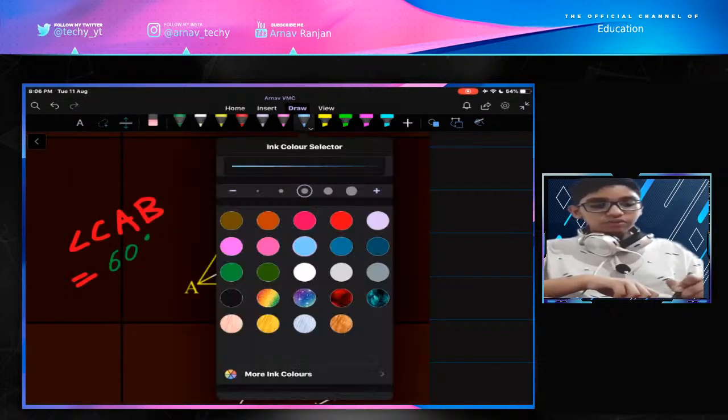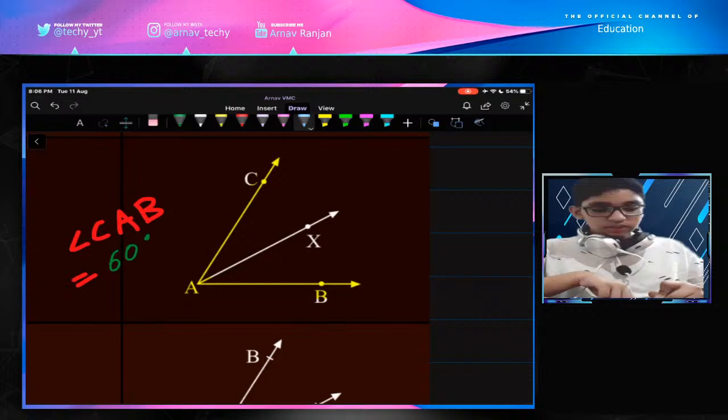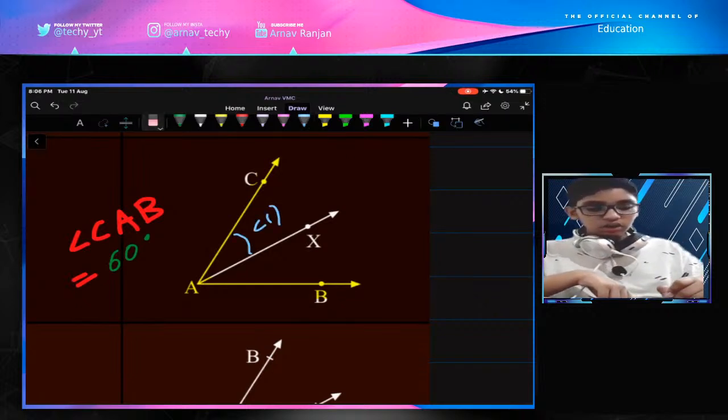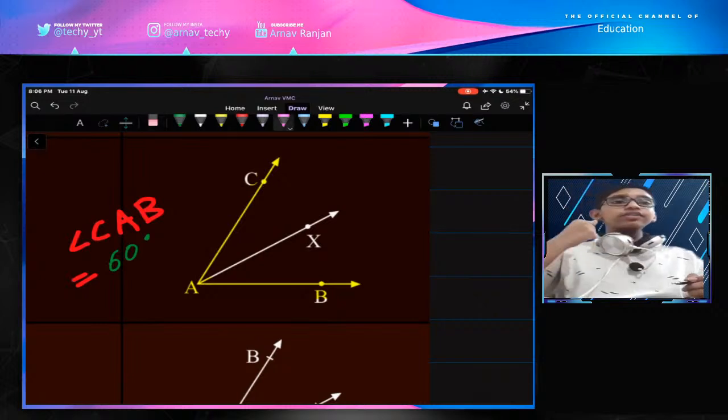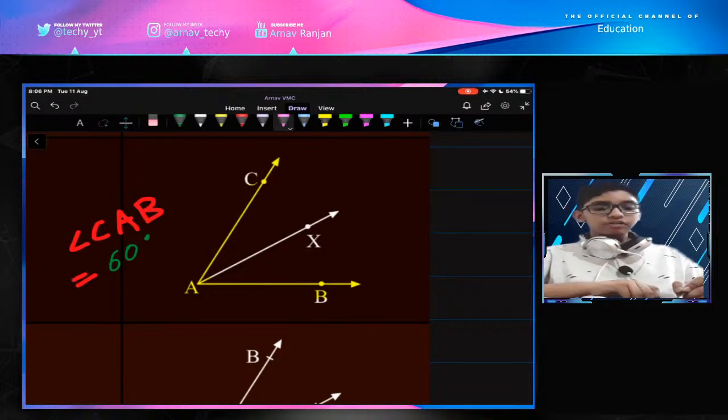If an angle bisects another angle, then one angle is half of another.